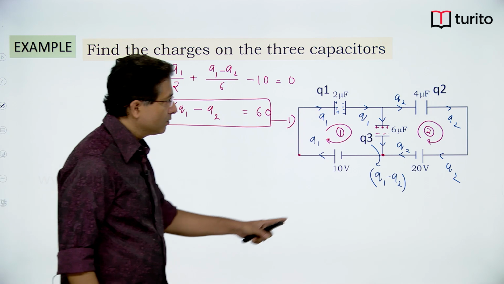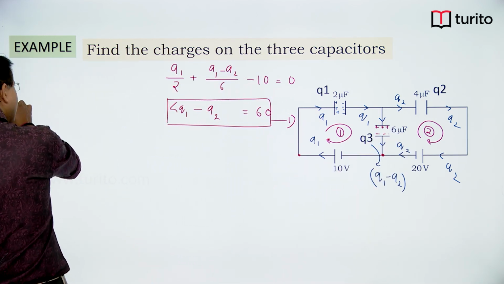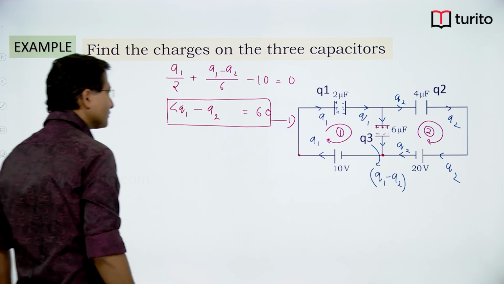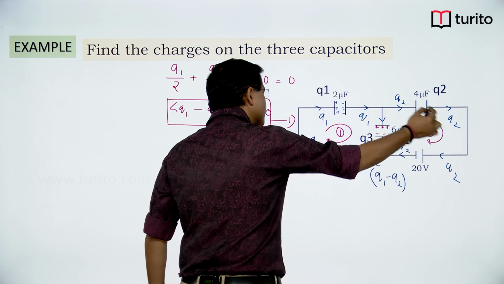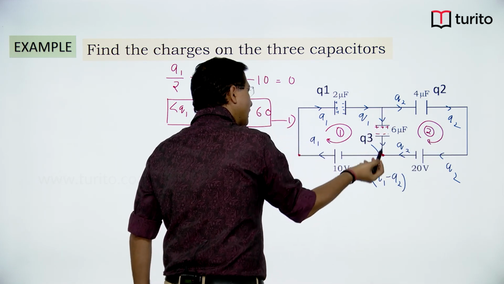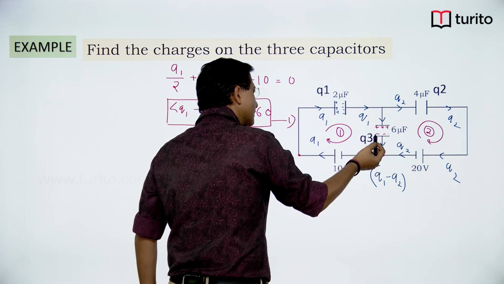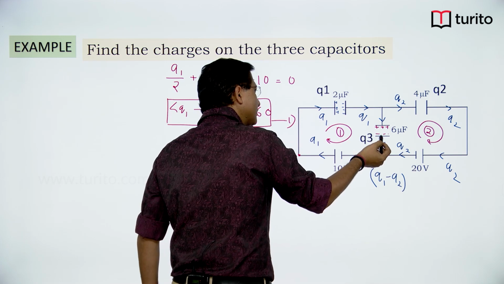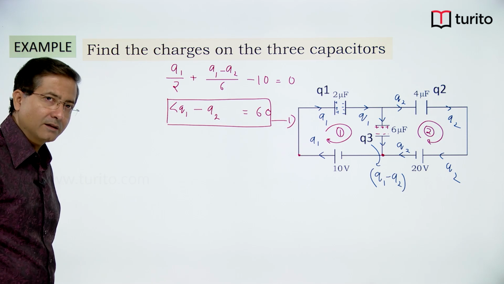Now, the second equation. See, we are starting from this point and moving this way. So, when you are moving this way, you are moving in the upward direction through this capacitor, where you are moving from negative plate to positive plate, negative to positive, and increment is taken with negative sign.